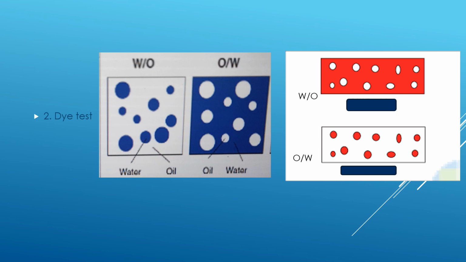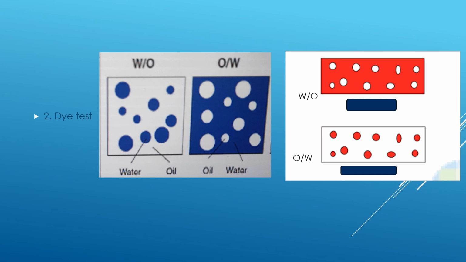If the dispersed globules appear blue colored in a white or colorless background, you can say that it is water in oil type of emulsion, because the water droplets get mixed with the water soluble dye methylene blue and the aqueous phase attains the blue color.